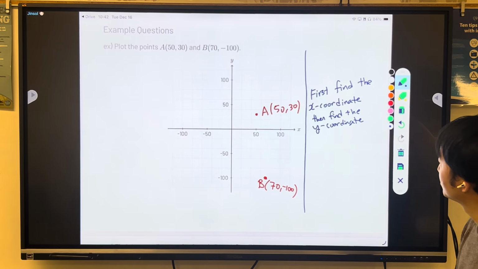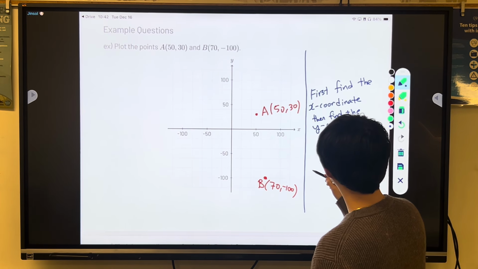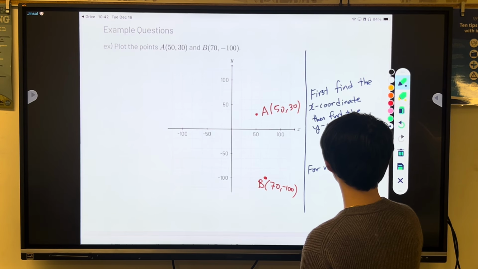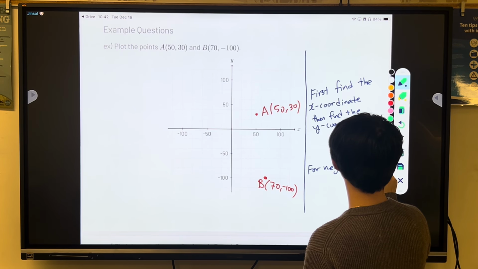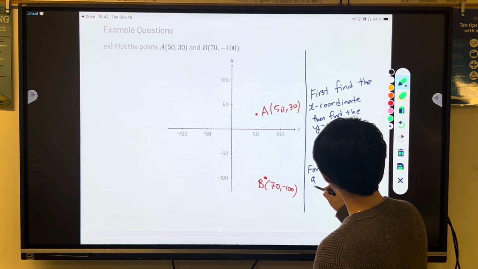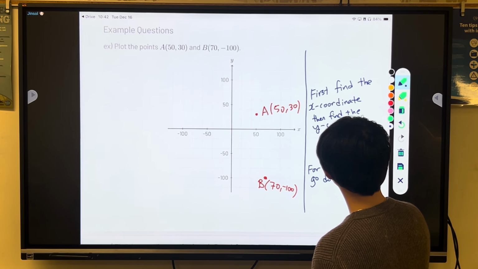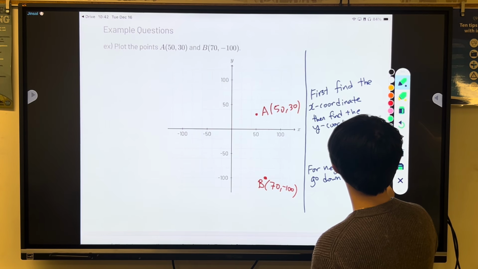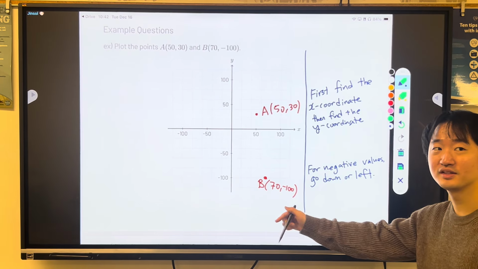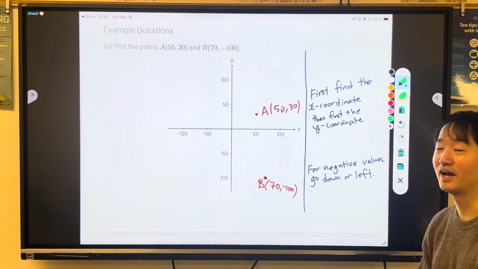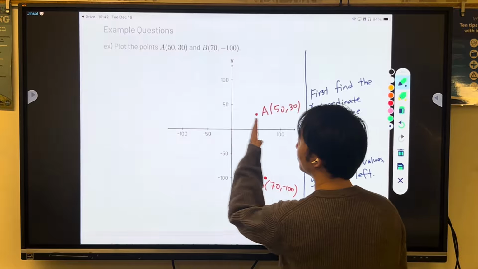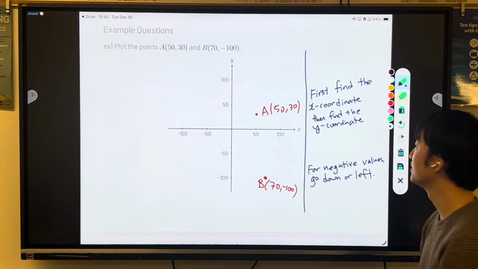Okay, and also for point B, remember that for negative numbers, either go down or left. Okay? If the coordinate is negative, so if the y-coordinate is negative, it means that we're below the x-axis, so we go down. If the x-coordinate is negative, it means that we go to the left. Okay?